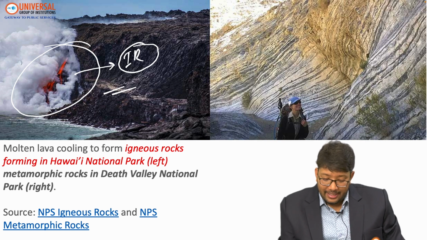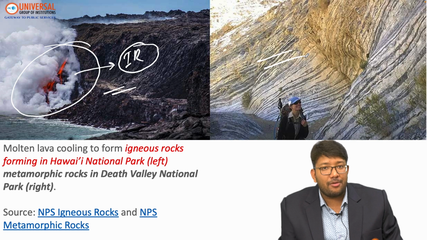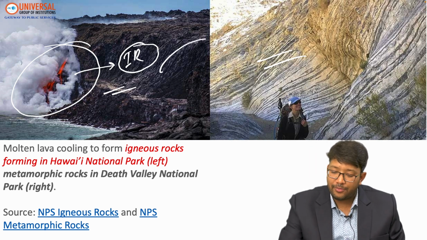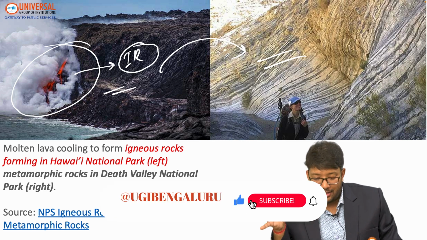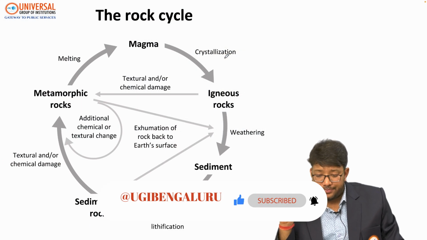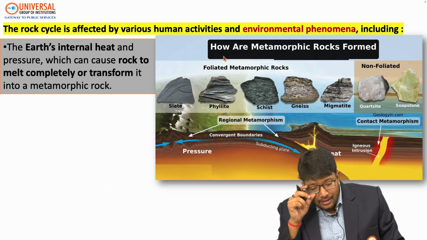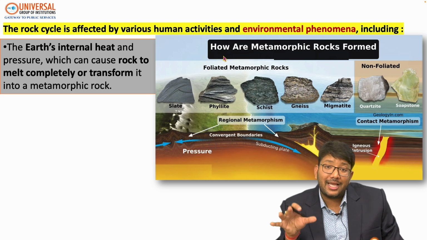And on the right side, you will find the metamorphic rocks in the Death Valley National Park of USA. Okay? So you have to remember how metamorphic rocks are created from the igneous rocks.